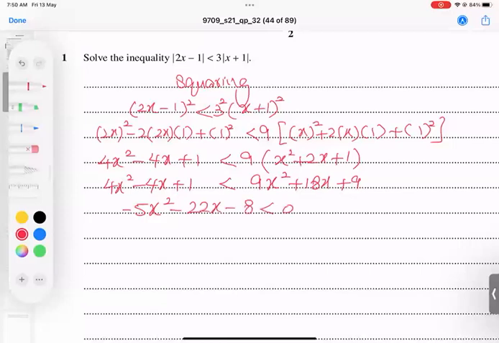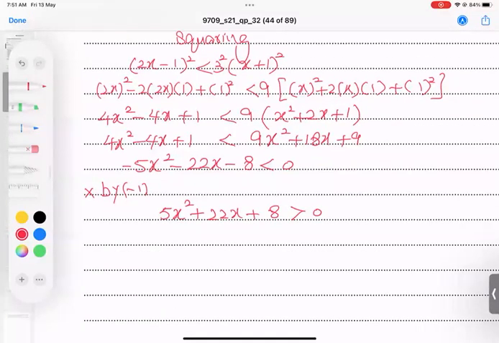But I will try to make it positive. So for this reason, I multiply the whole equation by minus 1. So I get 5x square, 22x, and plus 8. Inequality will flip.